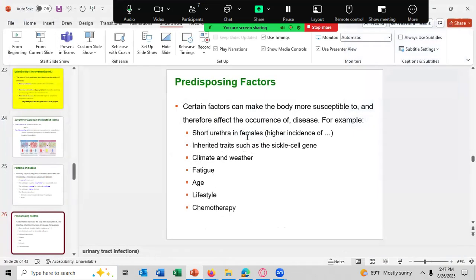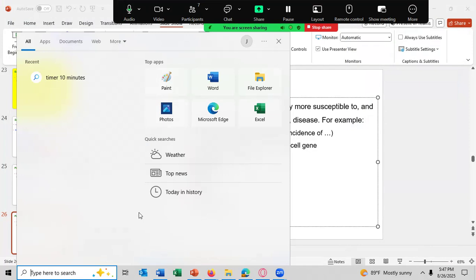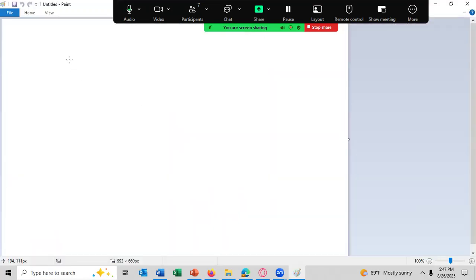And it's well known that students don't get enough sleep, so they're fatigued, and that makes them more predisposed to coming down with an illness. Age, it's well known that age is a predisposing factor. I think I've already mentioned this before. Most diseases hit the very young and the very old.